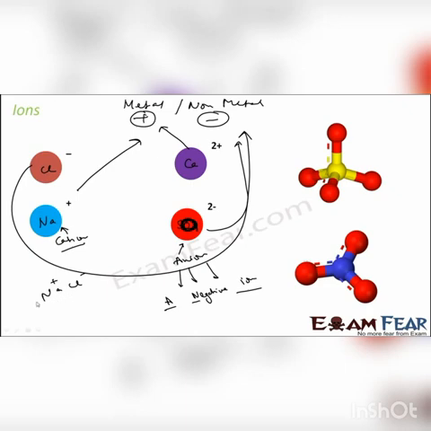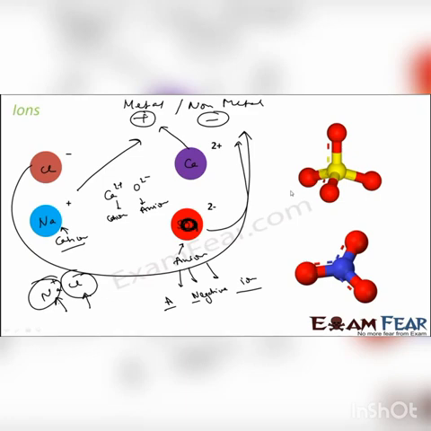The moment you put it in water, it will break into Na plus and Cl minus because they are more stable. Cl minus is an anion, and Na plus is a cation. Or if you take CaO, it will break into Ca2 plus and O2 minus. This is a cation, and this is an anion.